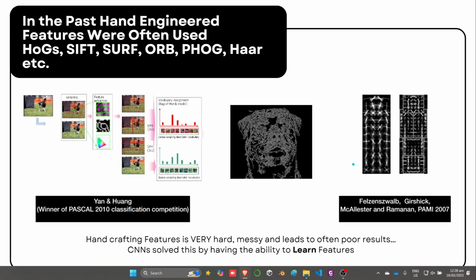This is something that made CNN so amazing. In the past, computer vision involved using handcrafted features, which was painful because it involved so much trial and error and so many different feature extraction methods. It worked when there wasn't much variation in images.